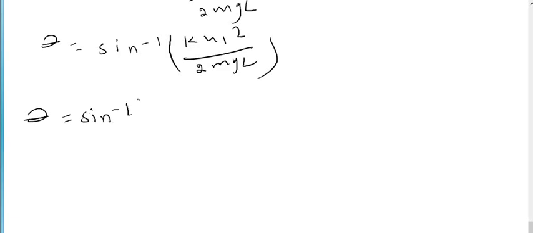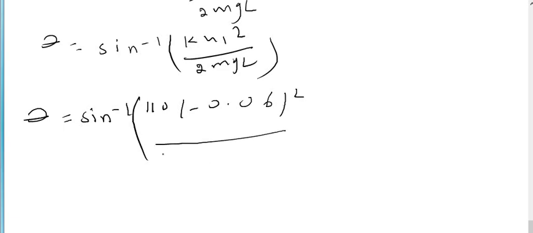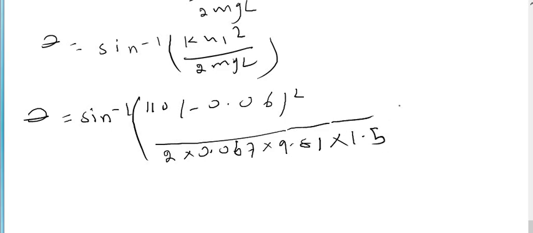Sine inverse of 110 into minus 0.06 square all over 2 times the mass, which is 0.067, times g, that is 9.81, times the length, that is 1.5.